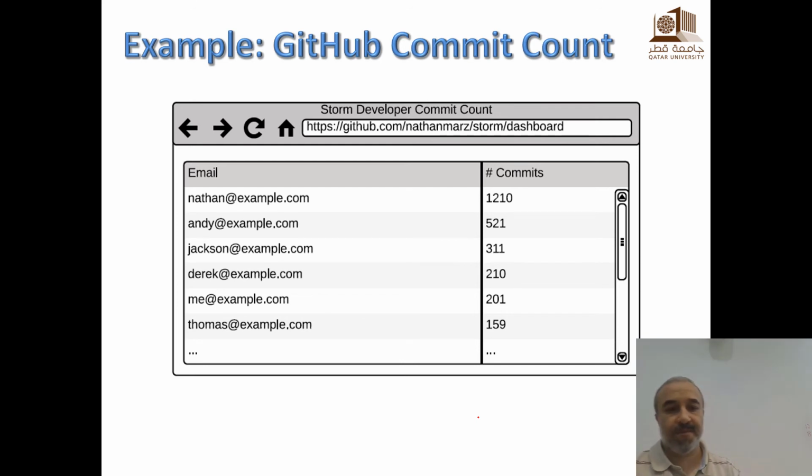Okay. This example assumes, and of course this is a toy example just to show you some snippets of code, that the input is something like a log file of commits.